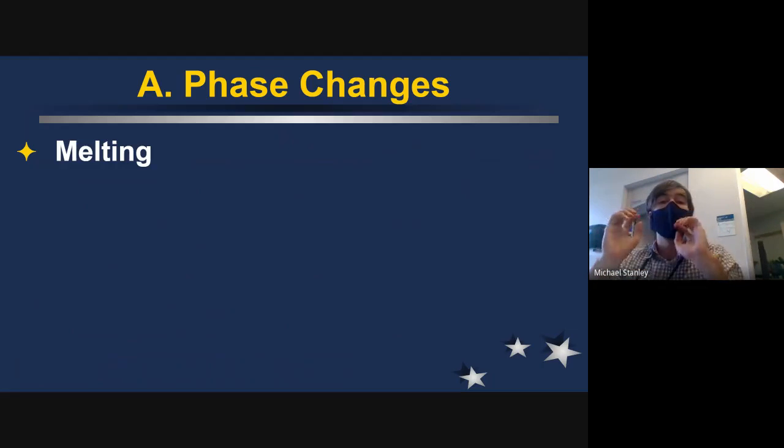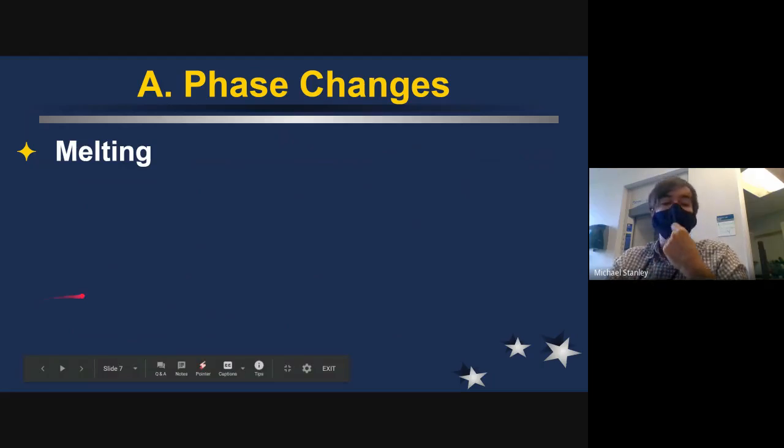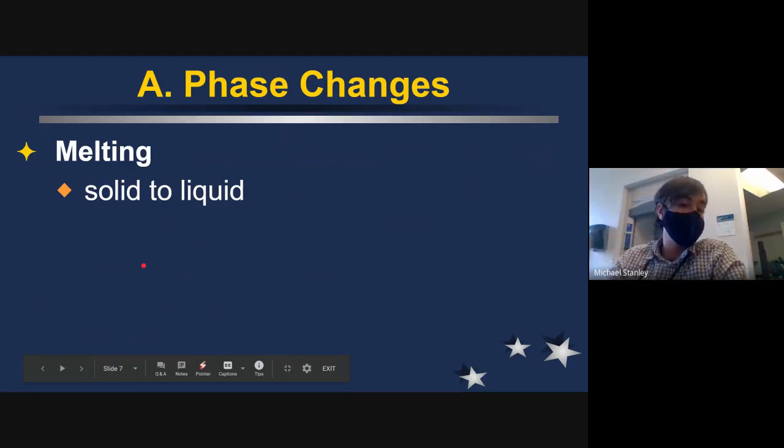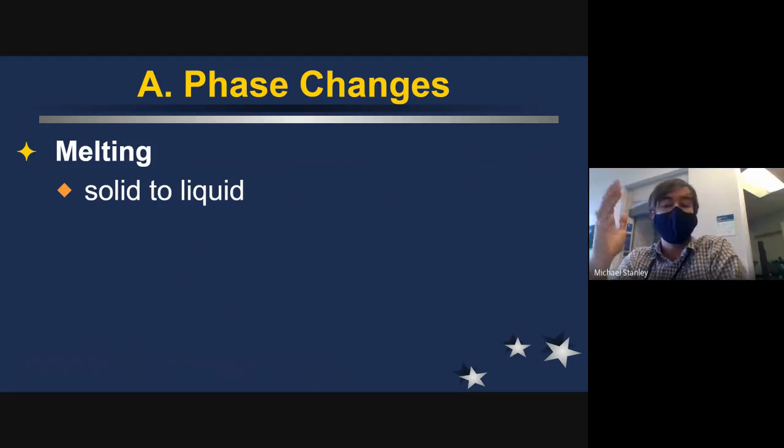We're going from what state to what other one? Solid to the gas. No, solid to the liquid. My bad. Yep, exactly. Melting is solid to liquid. Going too fast for myself.